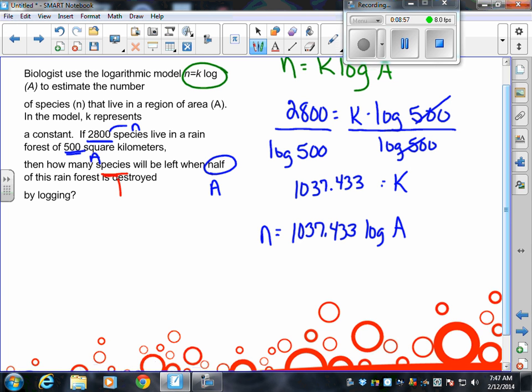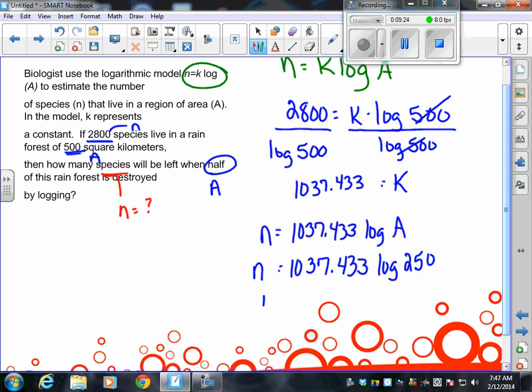Species is n. So what's n when there's half of the rainforest that's been destroyed or half of it still left? Well, remember, we started with 500 square kilometers. So I want to know what happens now that there's 250. And now, oh, I put the 250 in the wrong place.